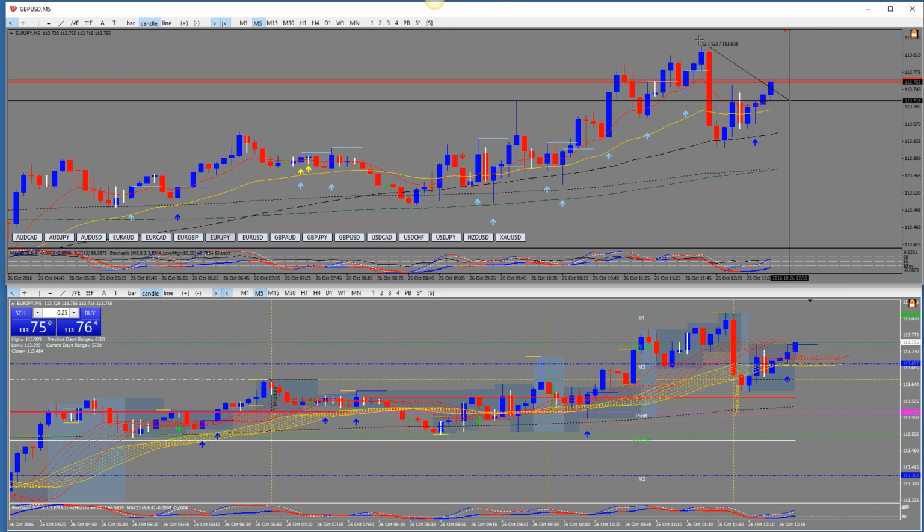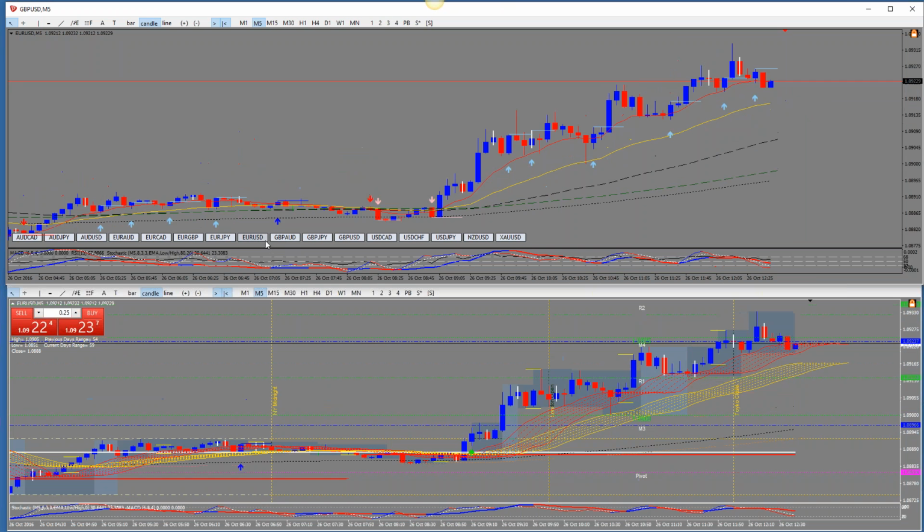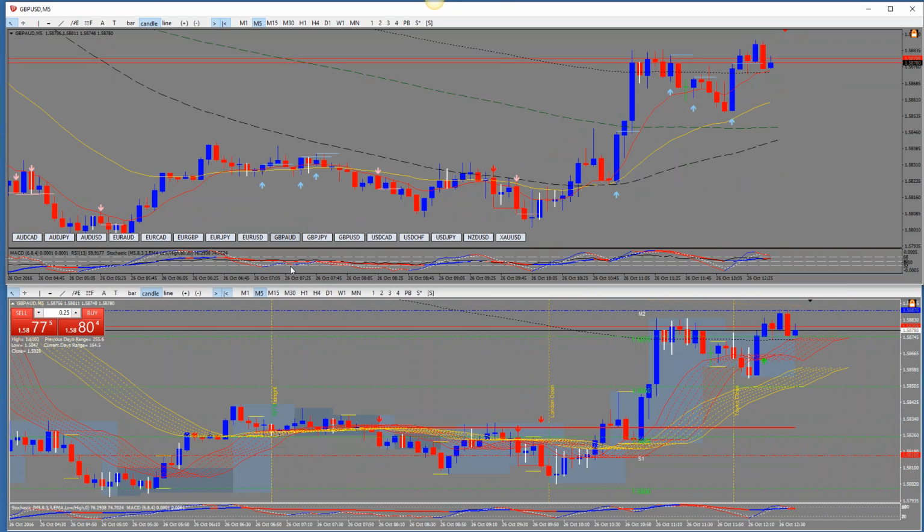I should have taken that EJ, but I didn't want to chase it, so. Another minute and 40 seconds, and if this candle breaks above the 10 moving average, we'll be looking at taking the euro dollar long, as long as it doesn't break the last swing high.